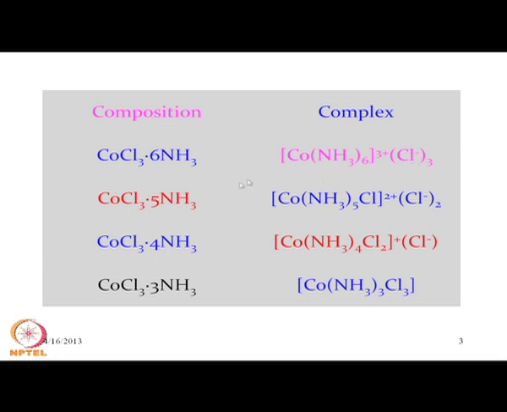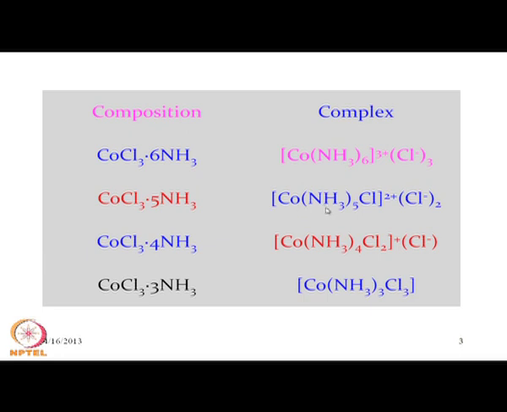So, from this particular analogy we go to the second stoichiometric product for the corresponding coordination compound, where we have 5 ammonia molecules. So, we have 5 ammonia molecules or ligands, now that we have defined them as ligands.